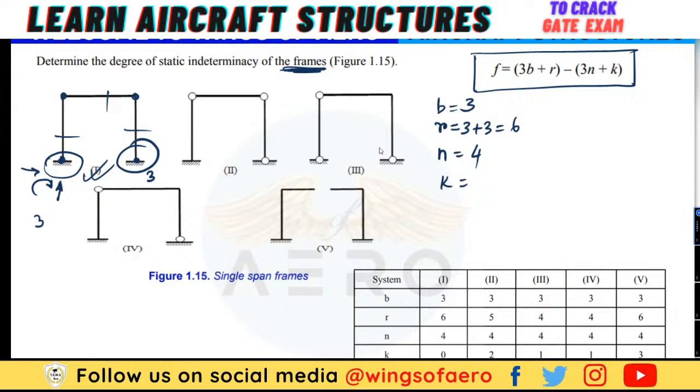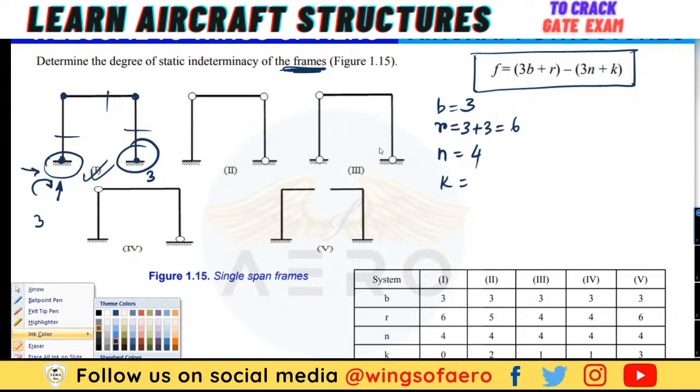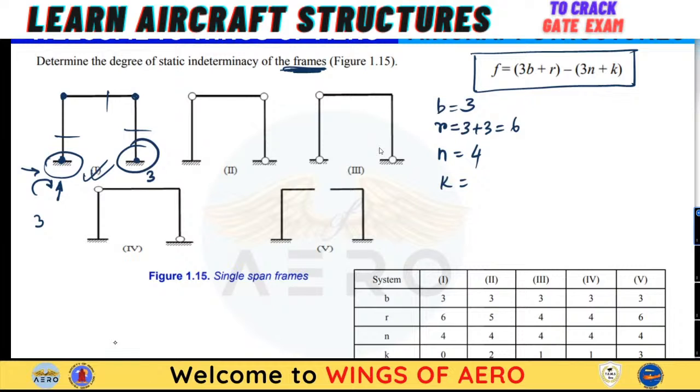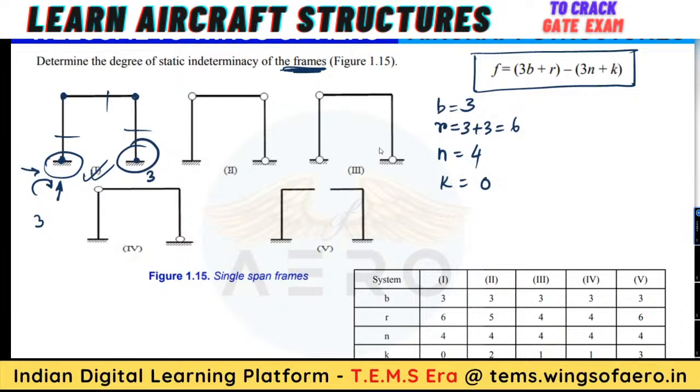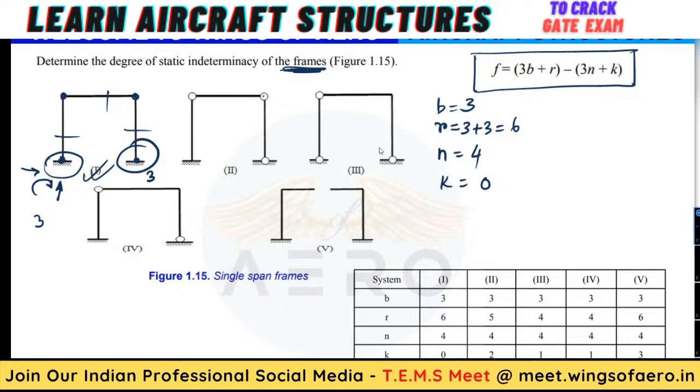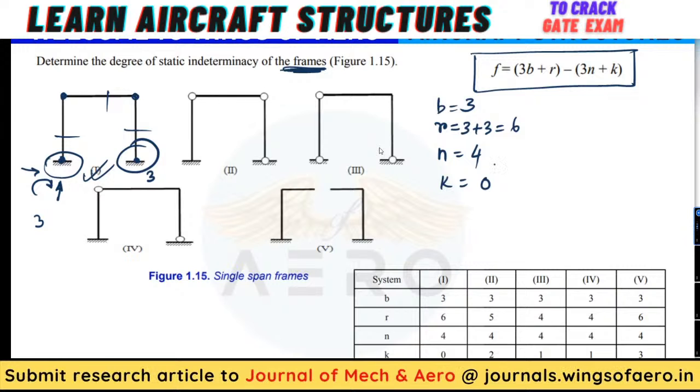So it will be considered as 0, right? Here you can see in the second and the third one, we have additional hinges.